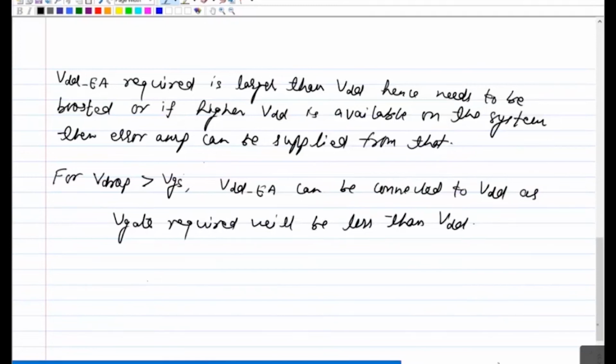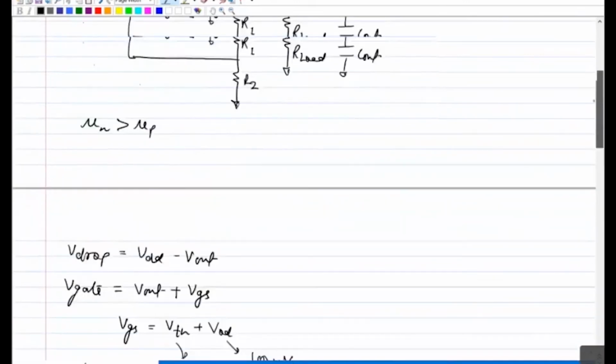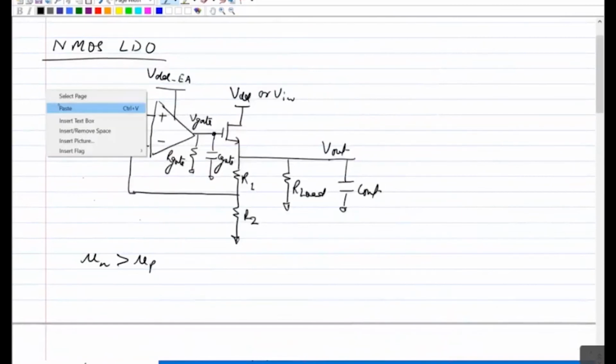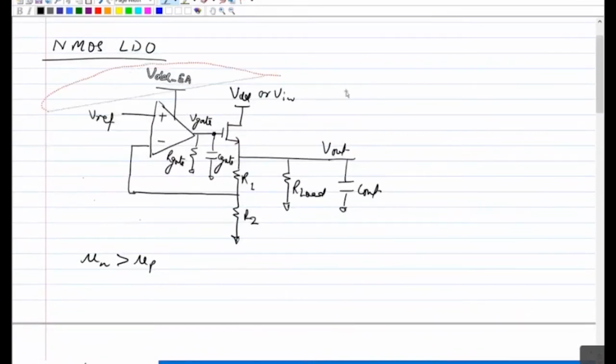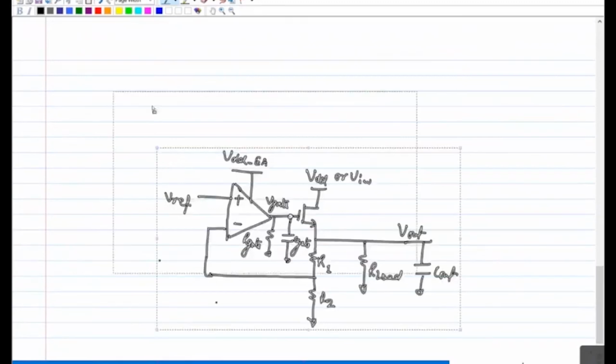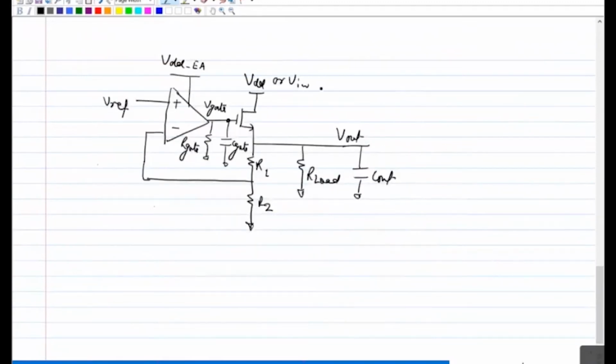Okay. So let me copy this. So if this is, let's say, 1.2 volt, this guy is 1 volt, then this is 1.8.